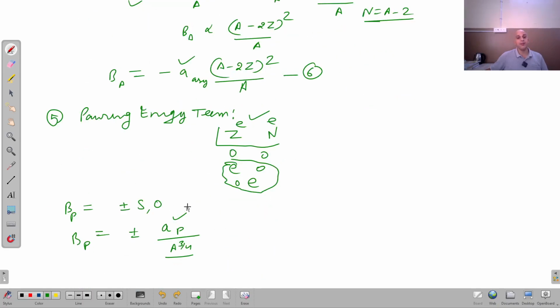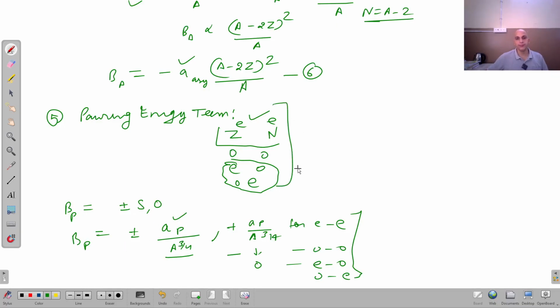It can be plus, it can be minus. It is plus A_P divided by A raised to power 3 by 4 for even-even nuclei, it is equal to negative of this factor for odd-odd, and it is equal to 0 for even-odd or odd-even. So this term B_P is equal to plus minus A pairing divided by A power 3 by 4. This is the pairing energy term.